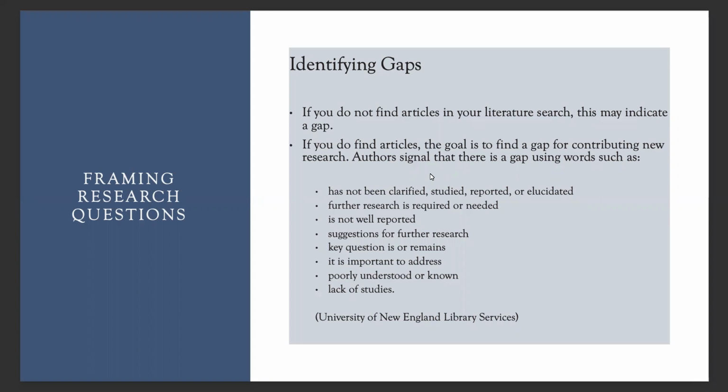Or there is some poorly understood knowledge, or there is some lack of studies. So you would be using these terms to highlight the gaps in the literature, and then building your research questions from there.